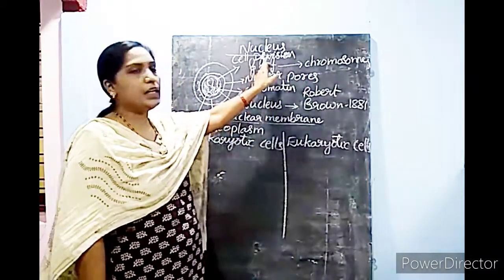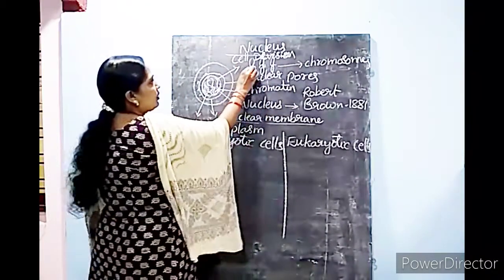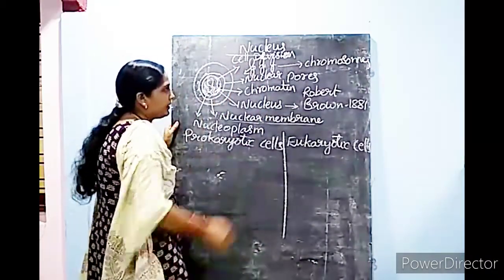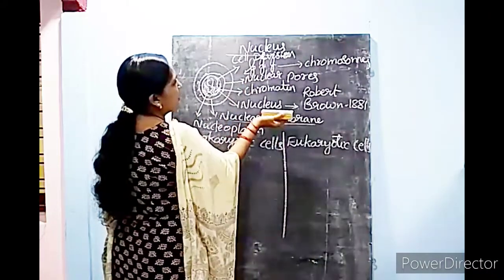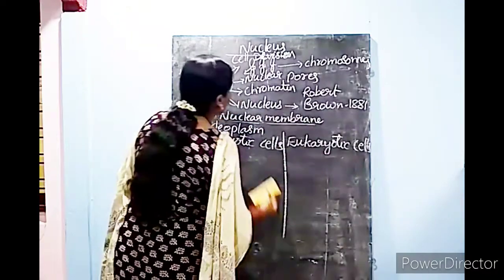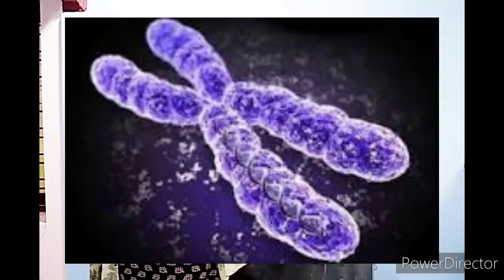The chromosomes are spindle in shape and in the middle of the chromosome the centromere is present. This is the centromere. Near this centromere the division takes place.